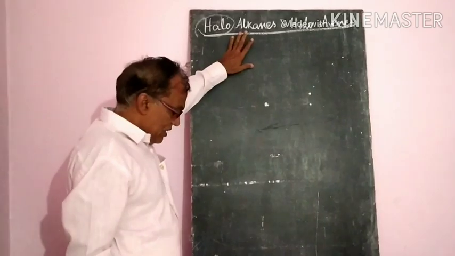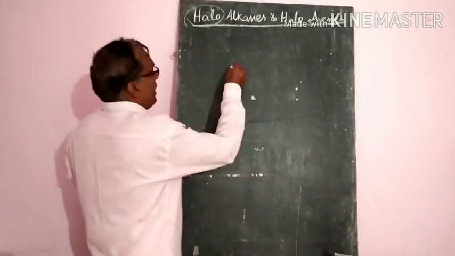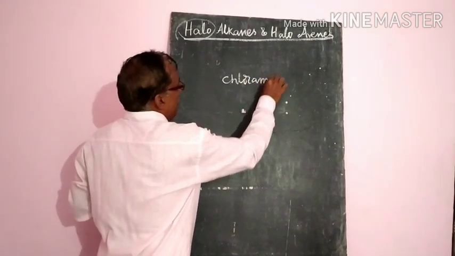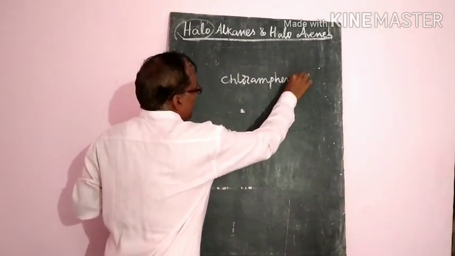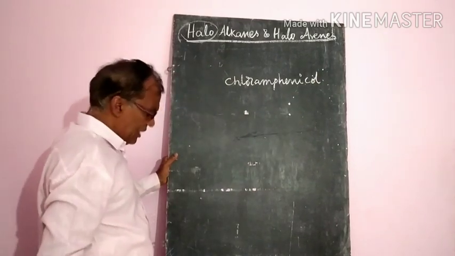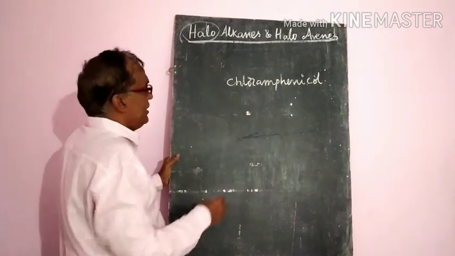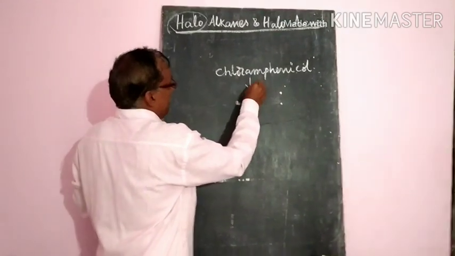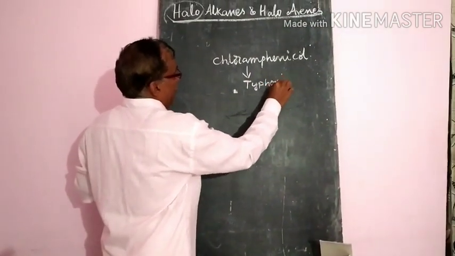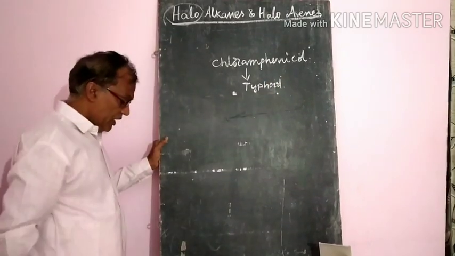We generally use chloramphenicol, a compound which has antibiotic character. It is used in the treatment of typhoid fever, to cure typhoid.